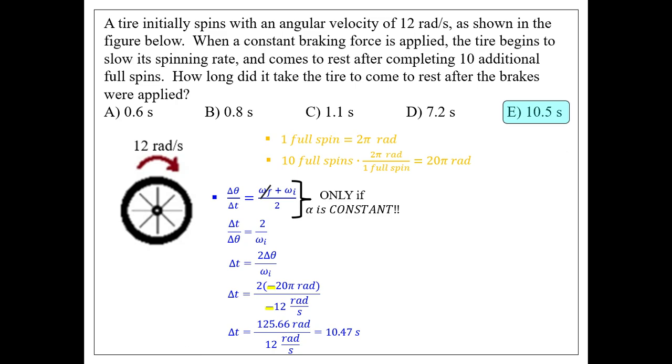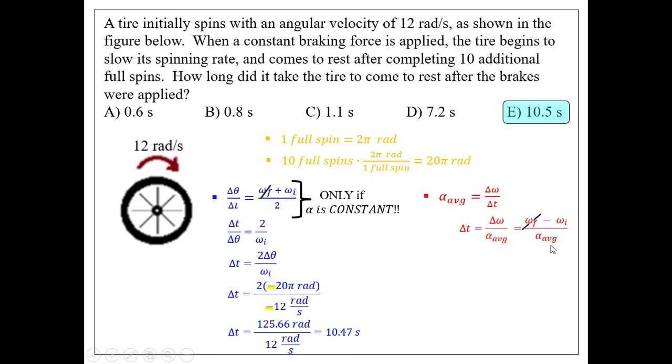Now, if you didn't want to take this approach, you can set up your average acceleration equation equal to change in velocity over change in time. Solve for change in time by doing algebra: move the delta t up to the top left, move acceleration down to the bottom right. Then you can break up change in omega into omega f minus omega i, and the acceleration on the bottom just gets carried over.